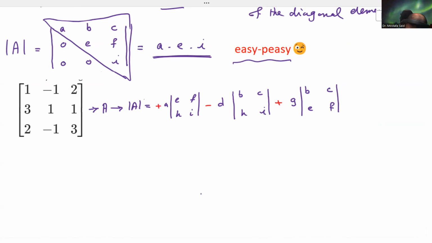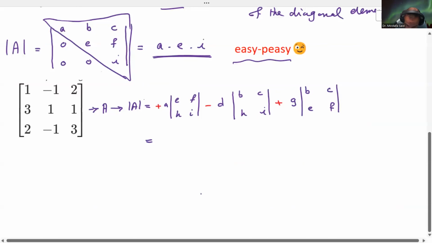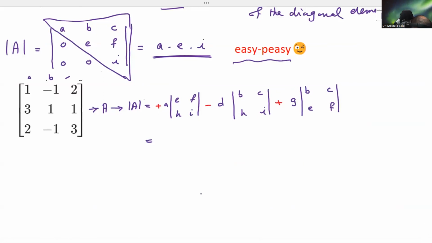Okay. So let's see. A is actually this one, so let's write them down: A, B, C, D, E, F, G, H, I. So positive A, where A is 1, E is 1, F is 1, minus 1, 3.